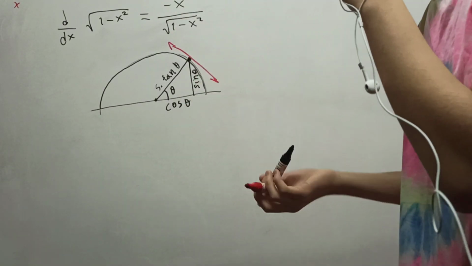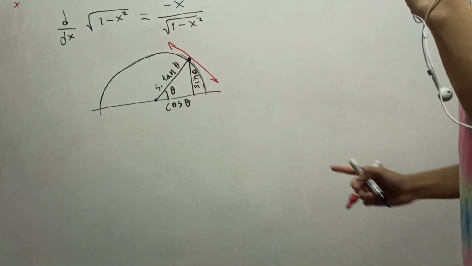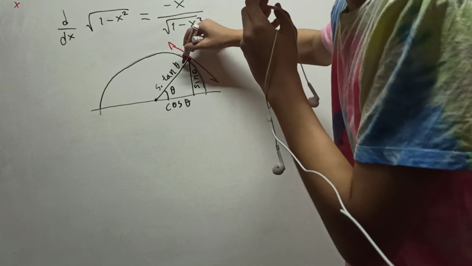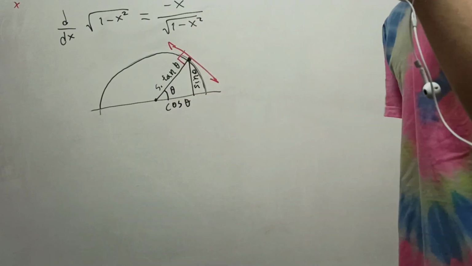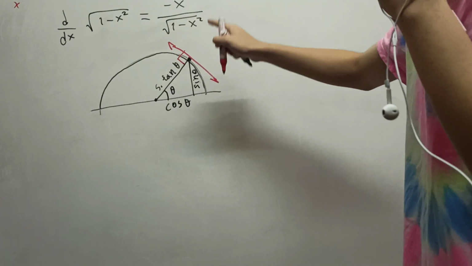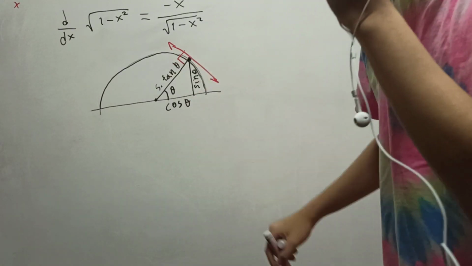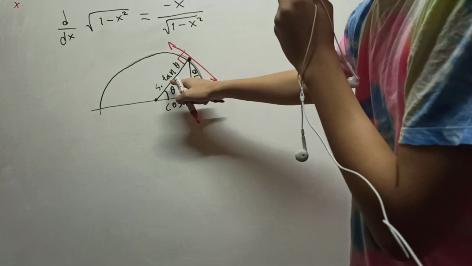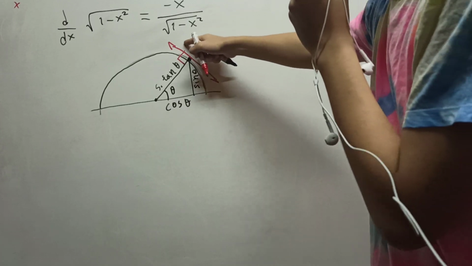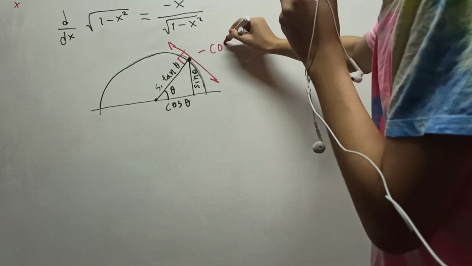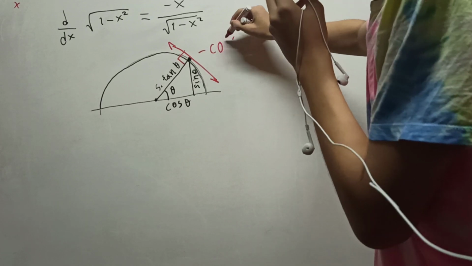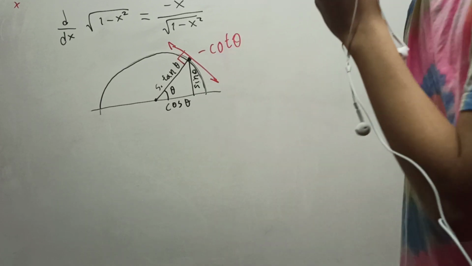I know the names are a bit confusing, but there's a line tangent here at this exact spot, and this line is perpendicular to this line. What that means is it has the slope of the negative reciprocal of this slope. If the slope of this is tangent theta, the negative reciprocal would be the slope of this, which is minus cotan theta.